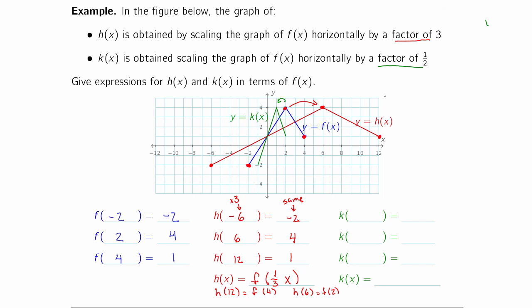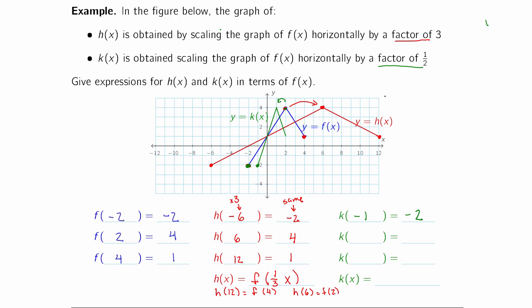Let's see if the same thing happens with the small scale factor. To get k, we're scaling by a factor of 1/2. We want to multiply each x-coordinate by 1/2, which is the same as dividing by 2. So the point (-2, -2) on the graph of f, divide the x-coordinate by 2 and we get the point (-1, -2) on the graph of k.